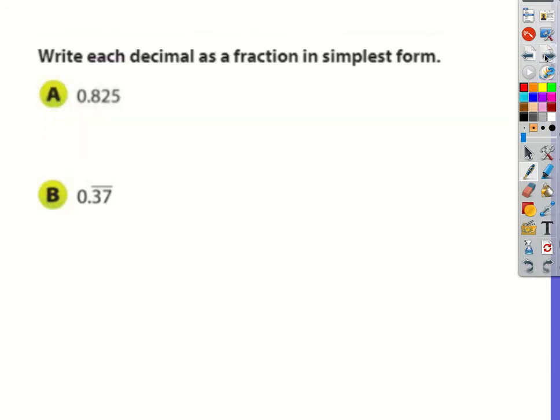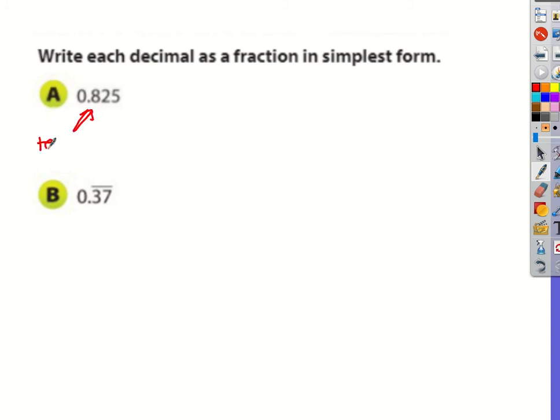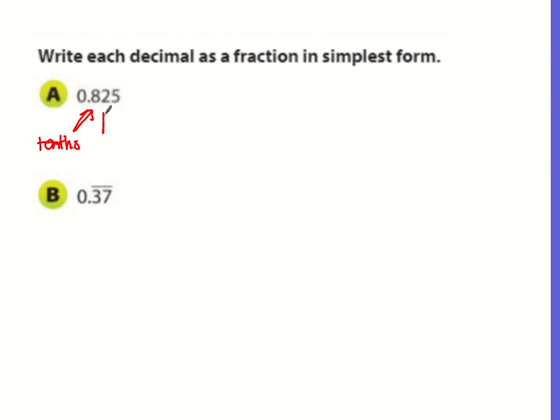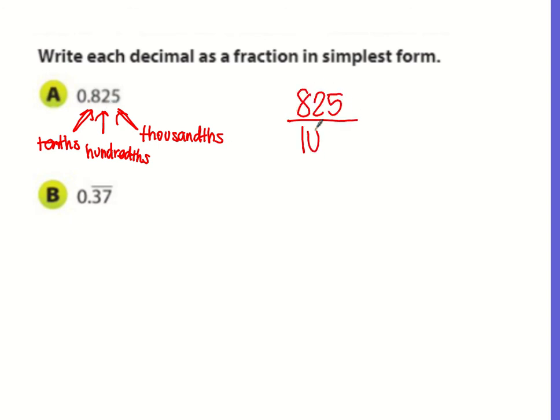All right, let's look at write each decimal as a fraction in simplest form now. So if we're talking about place value, you've got your tenths, your hundredths, and your thousandths, just as a quick review. Okay, so if I have 0.825, is how I would read that, thousandths, it would be 825 over 1,000.